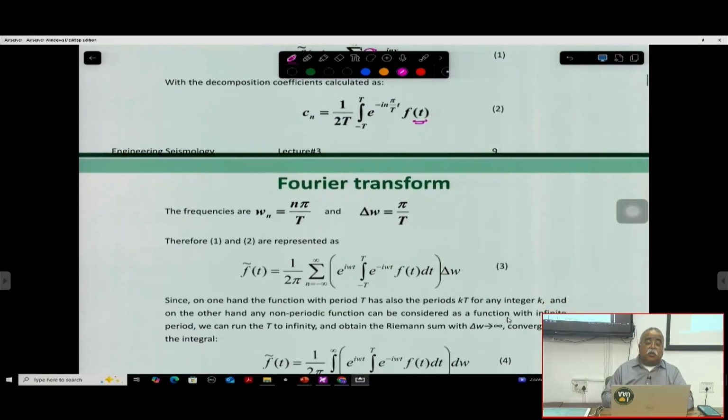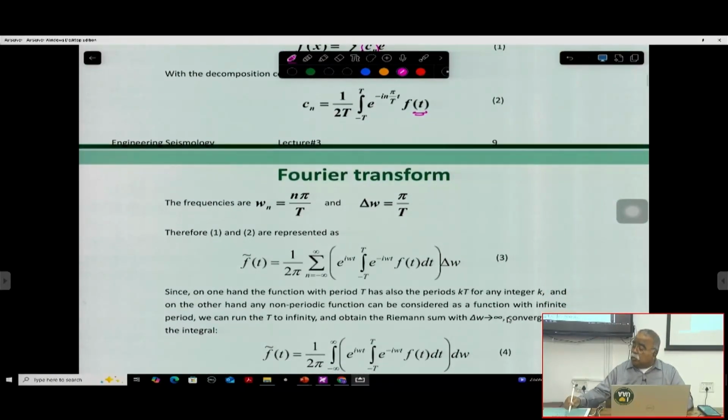So this is your omega n. This omega n is the frequency, as I said. Then n equals pi by T, and delta omega is basically pi over T, where T is the time period.